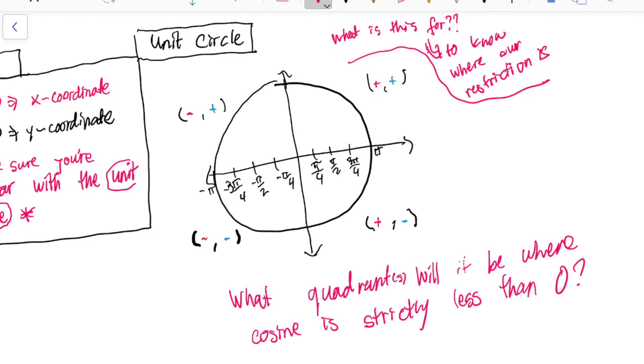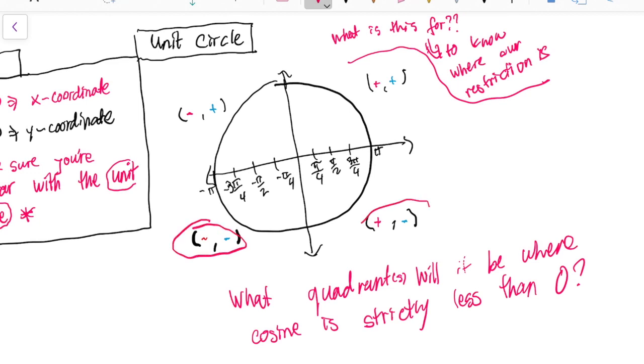Okay, I trust that you already paused the video and you are not just waiting for the answer. So I know you have found exactly two quadrants where cosine is strictly less than 0, or where cosine is negative.